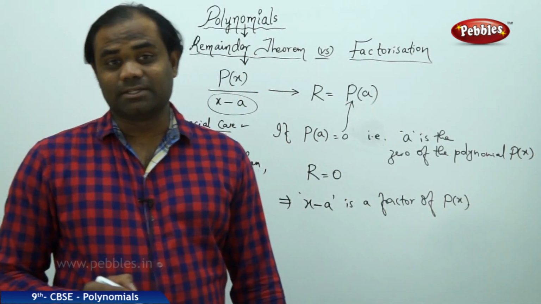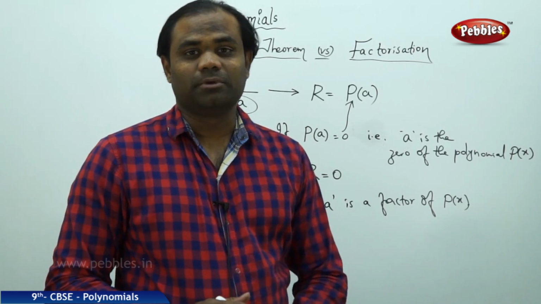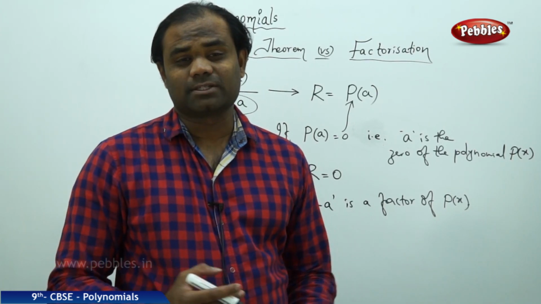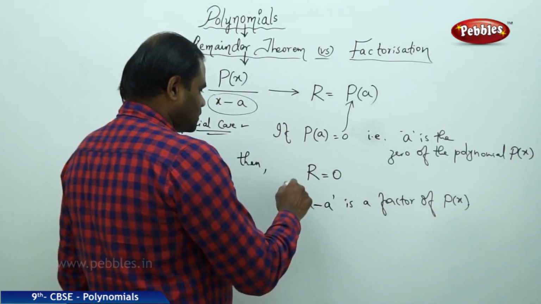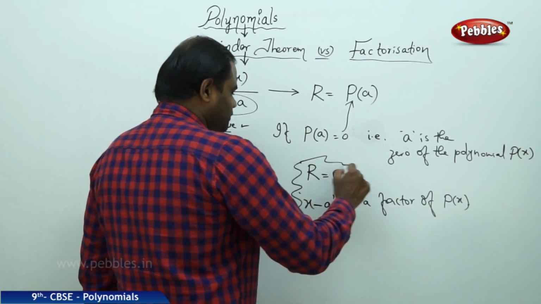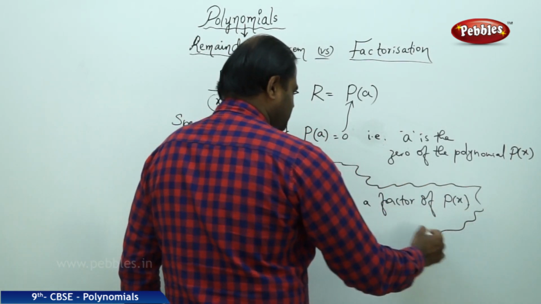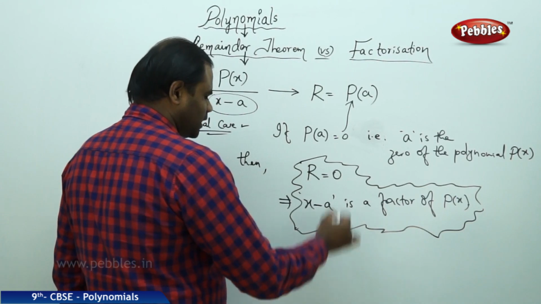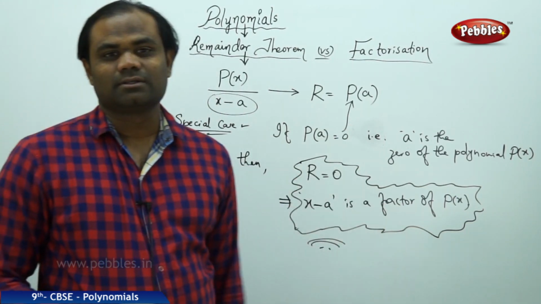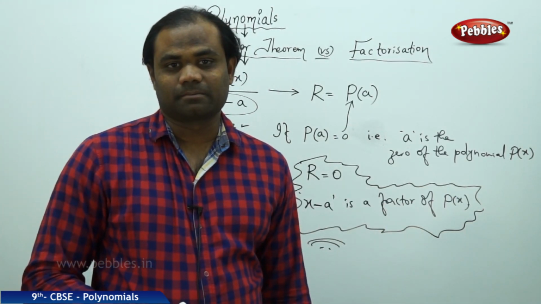It exactly divides the polynomial P of x. Is how we understand the factorization condition related with the remainder theorem. Is how I understand the factors connected with remainder theorem.